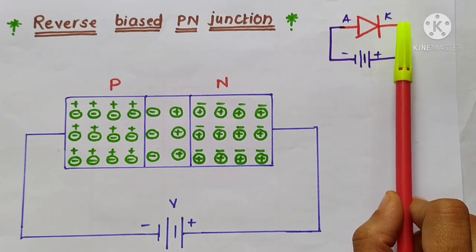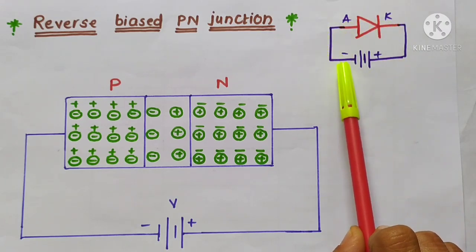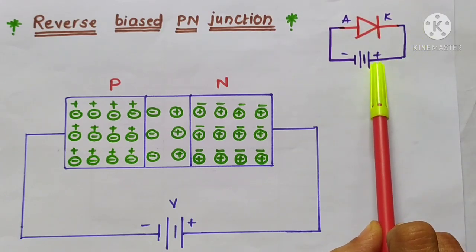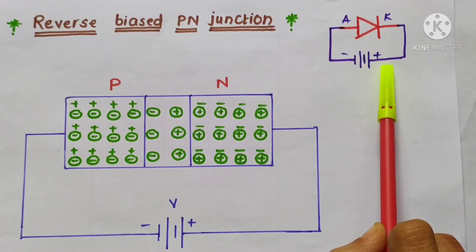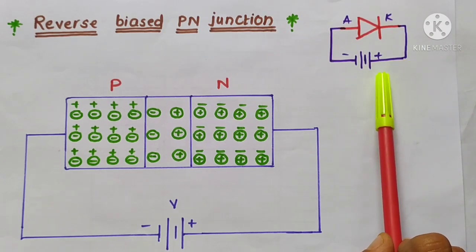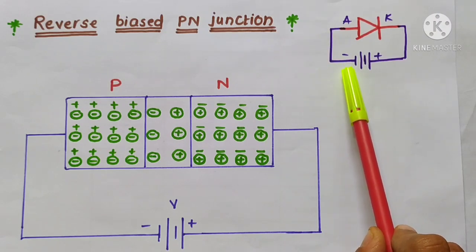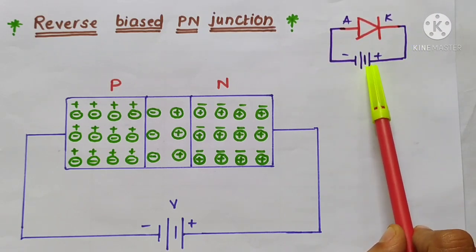Okay students, here the anode is connected to the negative terminal of the battery, while the cathode is connected to the positive terminal of the battery. If you remember the previous diagram, there we connected the anode to the positive, and the cathode to the negative.